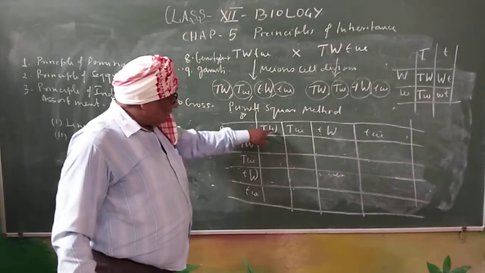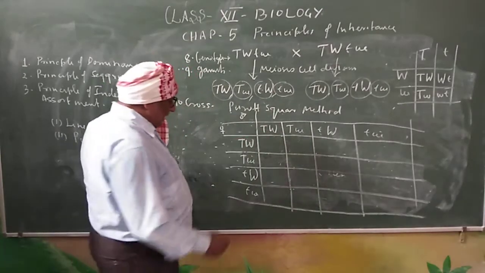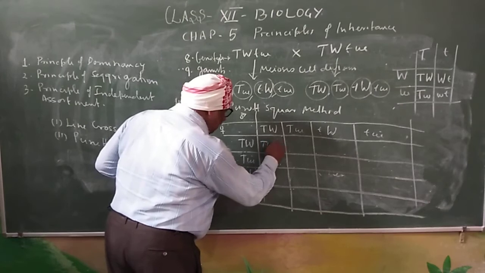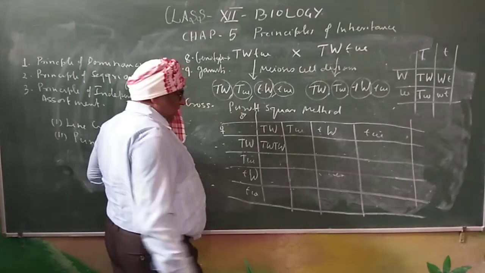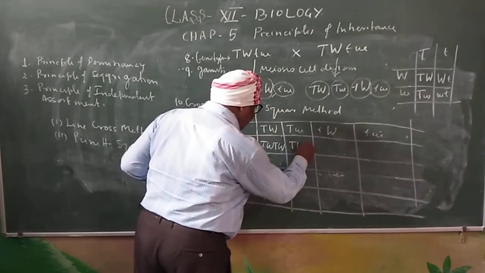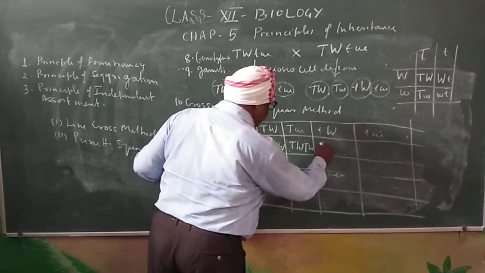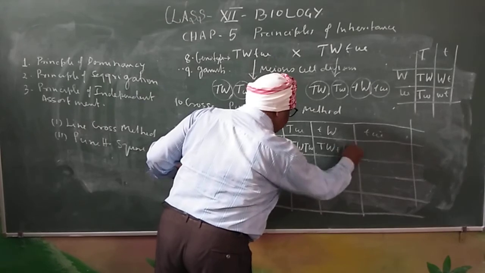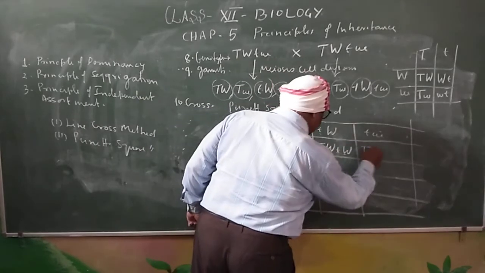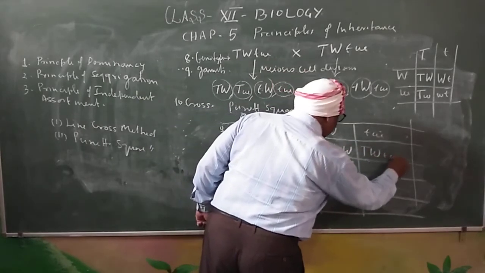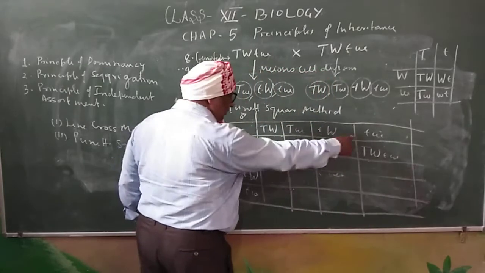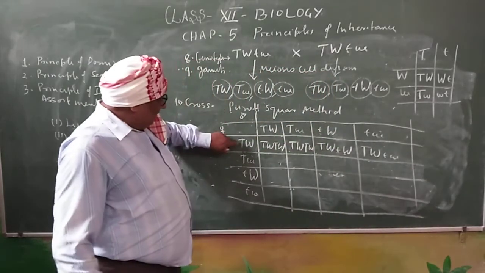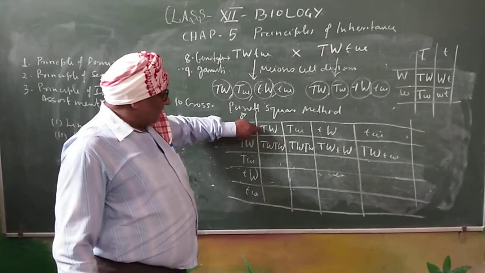Now, when this cross is made, they are multiplied in such a way. Just to see how I am drawing, we are putting both together. A female gamete is mixed with the male gamete.